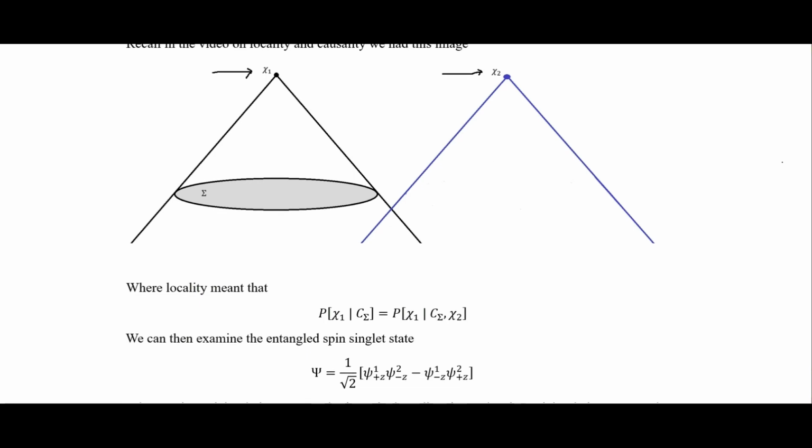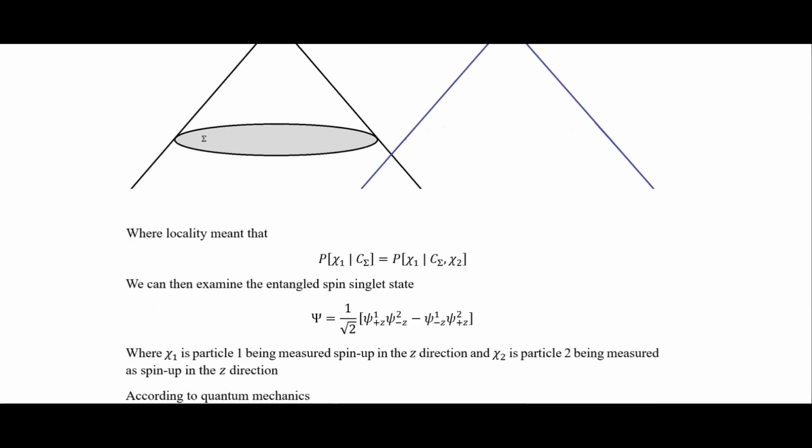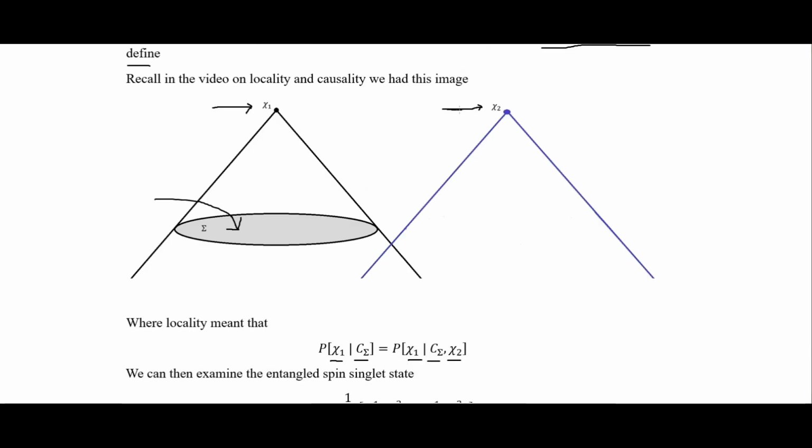And so we saw that Bell's conceptualization of locality was this: that the probability of this chi sub 1 given a complete specification of all events on this slice here, this capital sigma slice here, needs to be equal to the probability of doing this chi sub 1, of getting, say, a spin up state, given the entire specification of that capital sigma and getting this measurement at chi sub 2 right here.